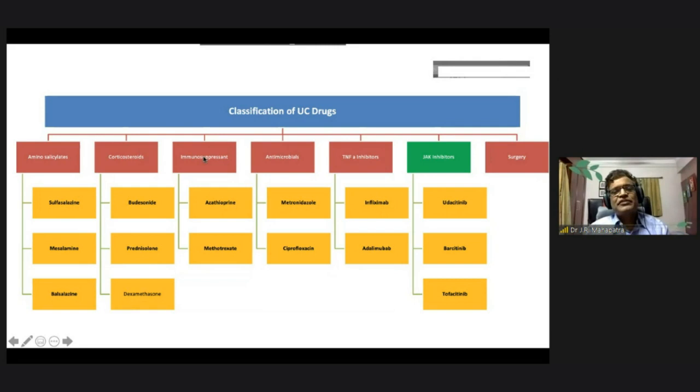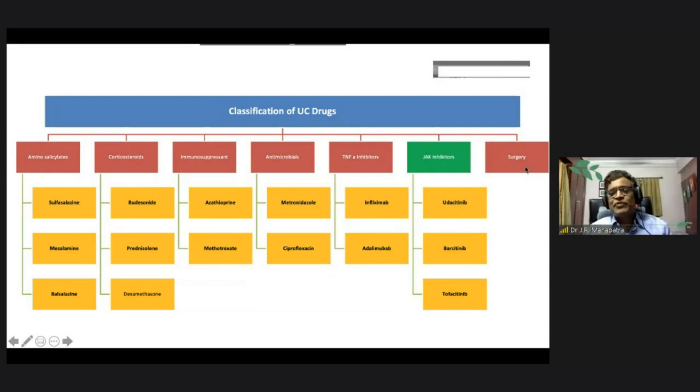Then corticosteroids, then immunosuppressants like azathioprine and methotrexate, antimicrobials like metronidazole and ciprofloxacin, and TNF alpha inhibitors, commonly infliximab or adalimumab. There are so many trials like the ACT 1 and ACT 2 trials, and the adalimumab ULTRA 1 and ULTRA 2 trials. JAK inhibitors like upadacitinib, baricitinib and tofacitinib. Today we will be discussing tofacitinib, the OCTAVE 1, OCTAVE 2 and OCTAVE Sustain trials.